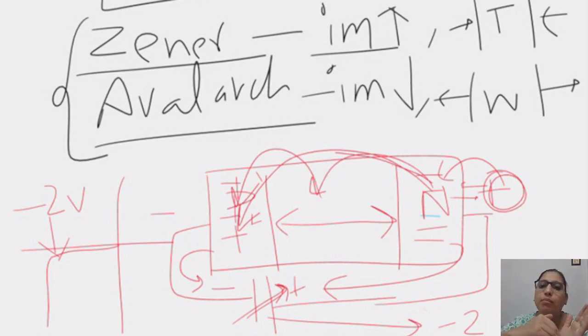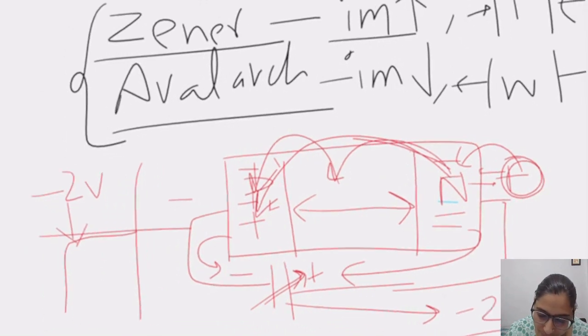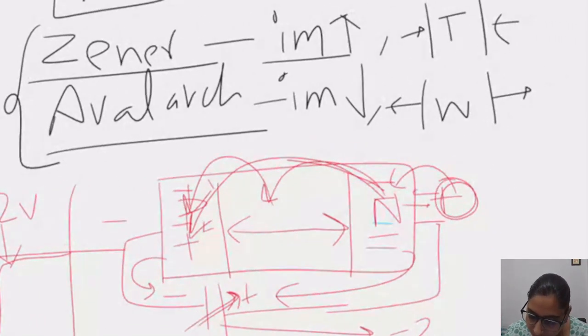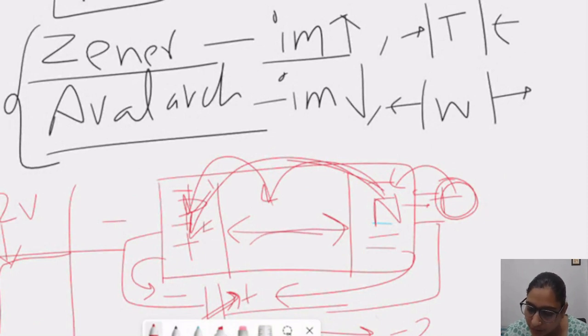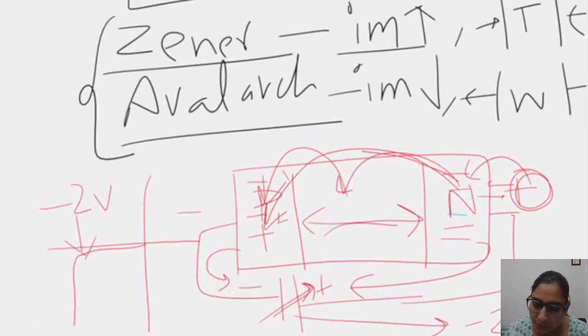When they jump, the bonds break and free electrons are released. So this is the process of generation of electric current here. This current is very, very high in nature. Now you will understand why the breakdown current is very high: it is due to the breaking of the bonds.